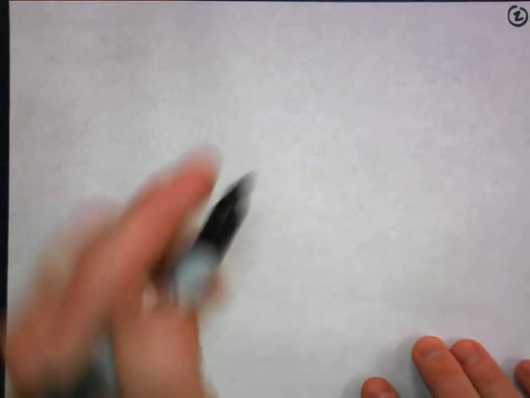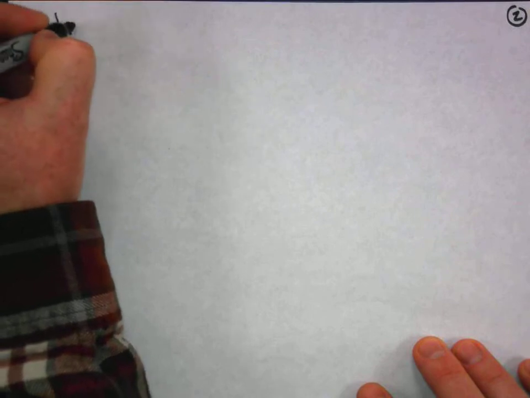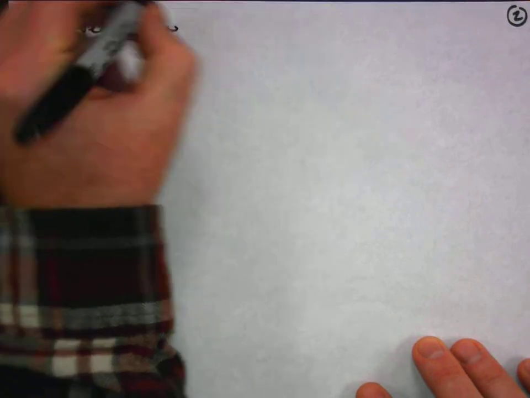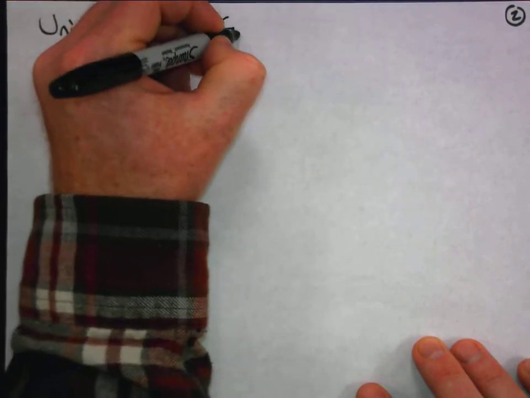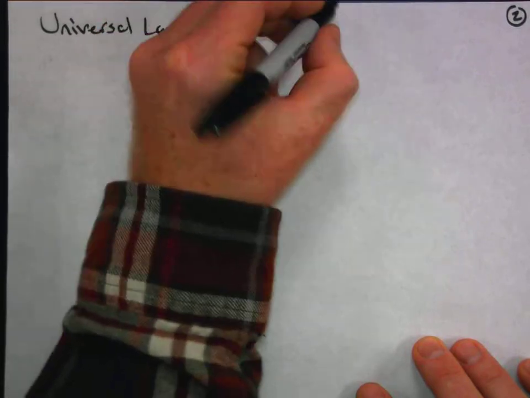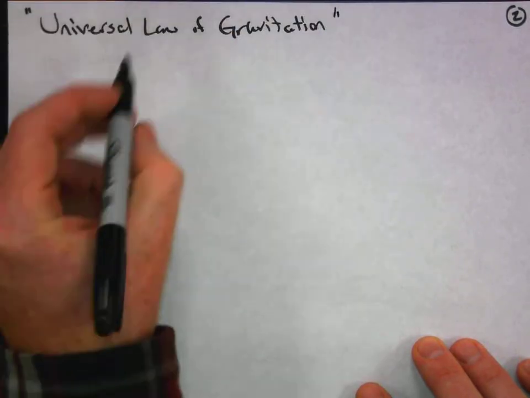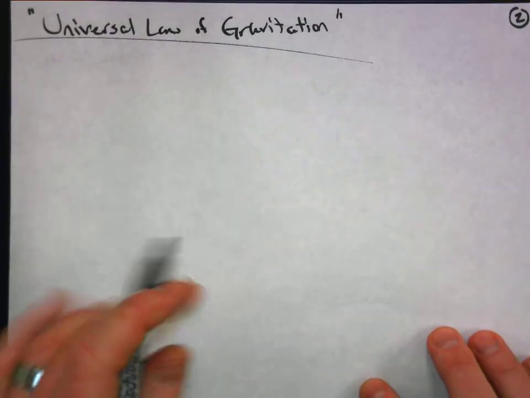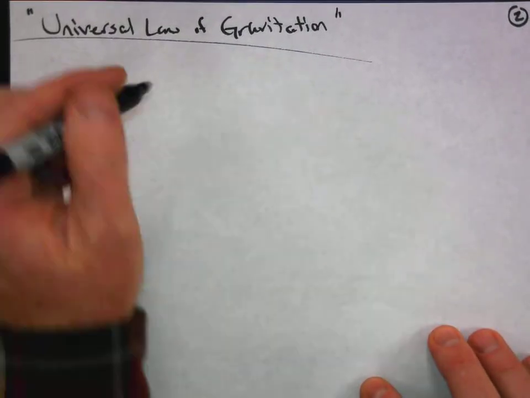Now, regarding the actual mathematics of the law of gravitation, I really ought to say the universal law of gravitation. The reason is it is universal. It is applicable to any object in the universe, essentially.